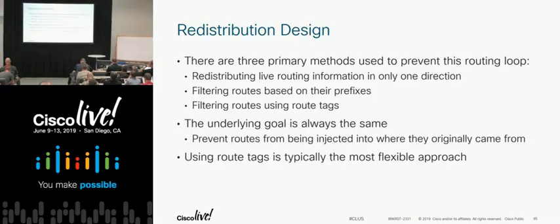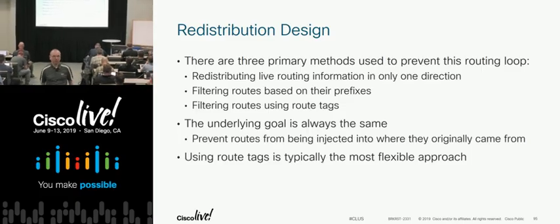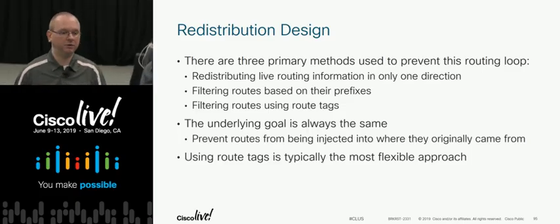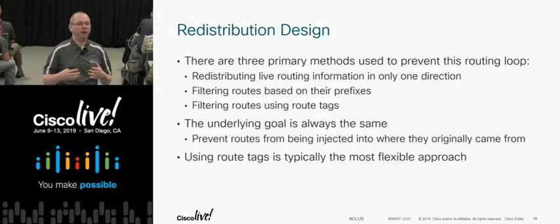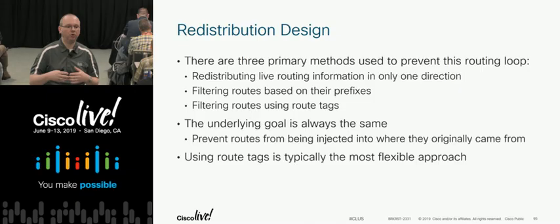There was a comment: we can also modify the administrative distance to prevent a loop. That is correct, but this goes back to per-prefix manipulation. I can modify the administrative distance of the whole protocol, but this is typically not a good idea because I'm then changing the behavior of the whole protocol for all routes, not just the ones that are redistributed. So if I change the protocol as a whole, it may also have consequences I did not want.